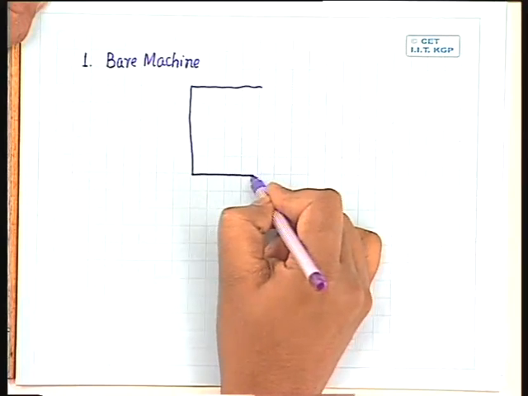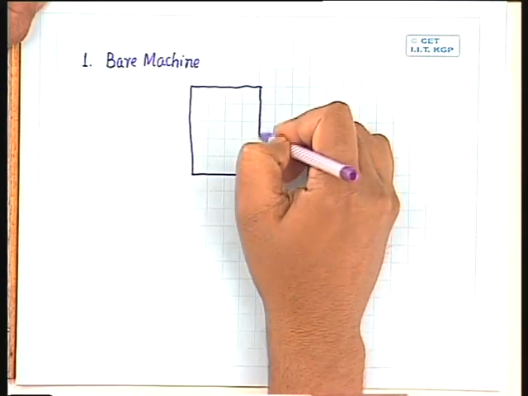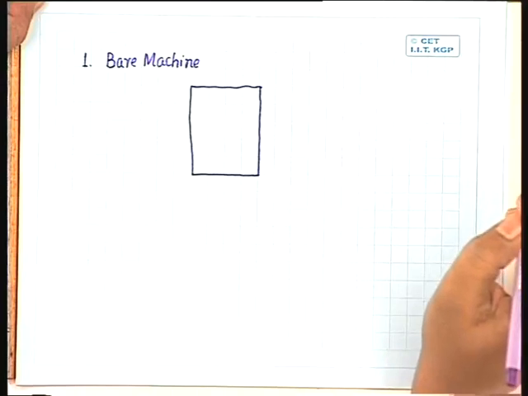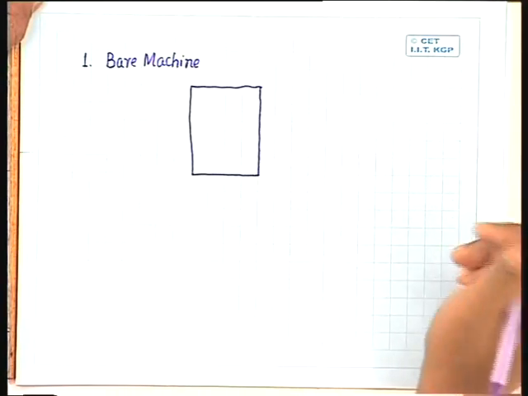Now it is up to the designer to decide which part of the memory will contain the monitor and which part will be used as scratch pad, that is for storing temporary data, raw data, processed data, everything. So everything has to be decided by the system designer.